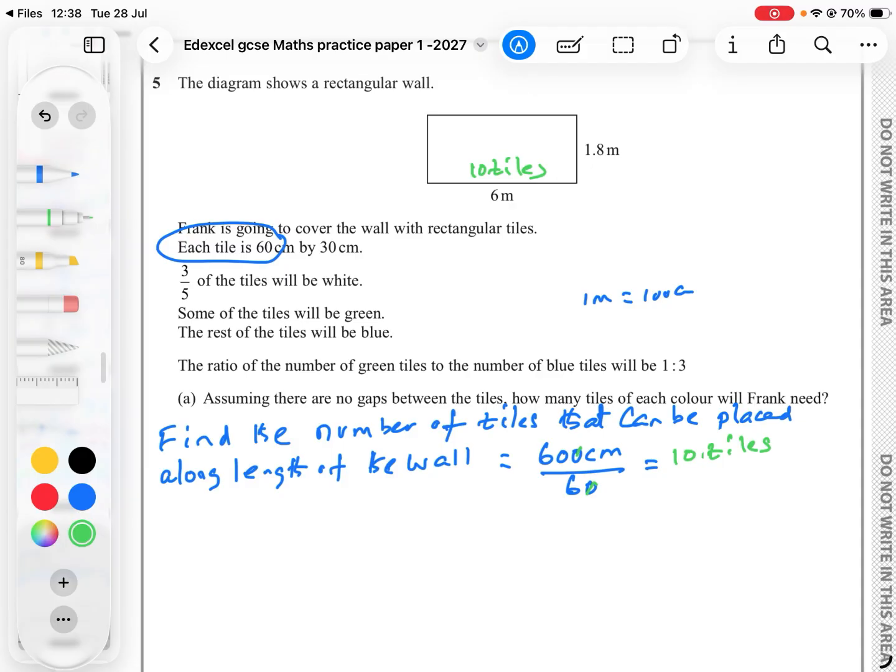Second, find the number of tiles that can be arranged along the height of the wall.